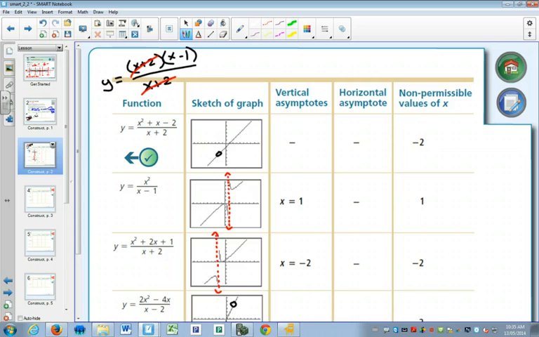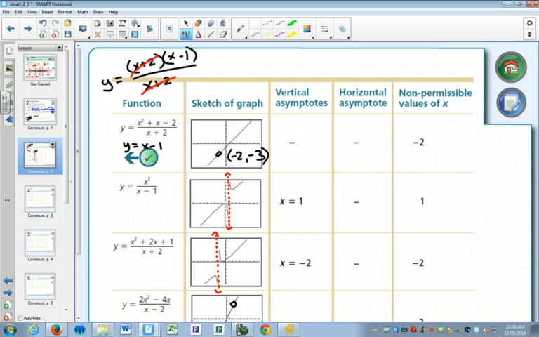We know that this hole happens when x is minus 2. What's the y-coordinate going to be? Because this one simplifies to y equals x minus 1. Wow, that's the ugliest one ever. And if you plugged in minus 2, you would get minus 3. So that would be the hole in that graph.